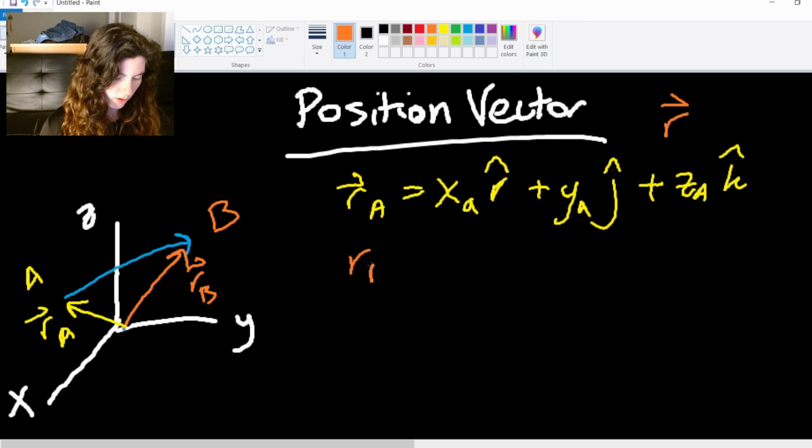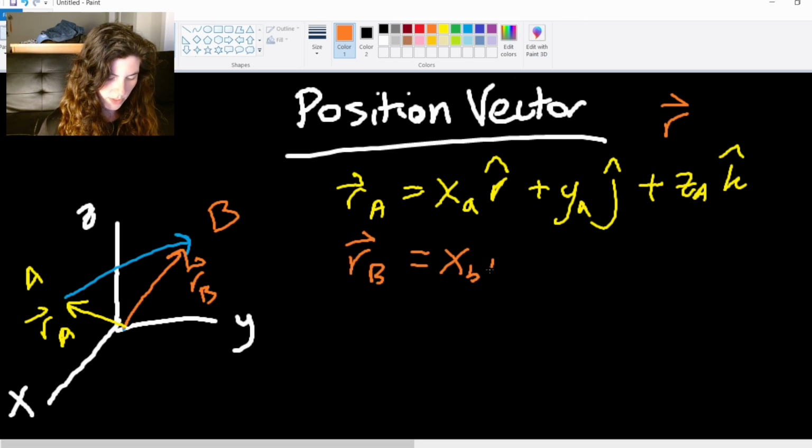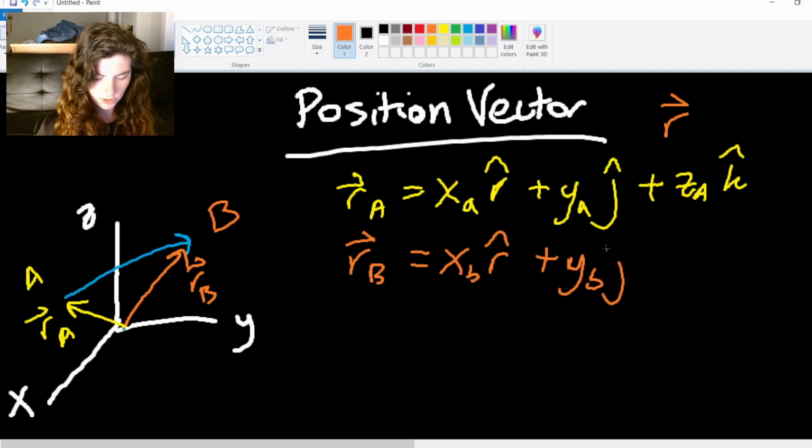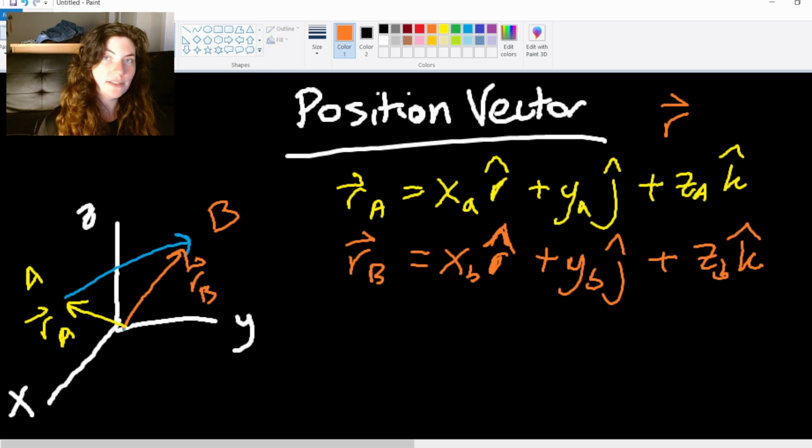We're going to have x component of B, i hat, plus y component of B, j hat, plus the z component of B, k hat.